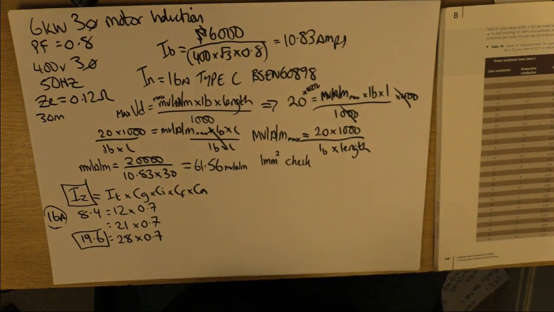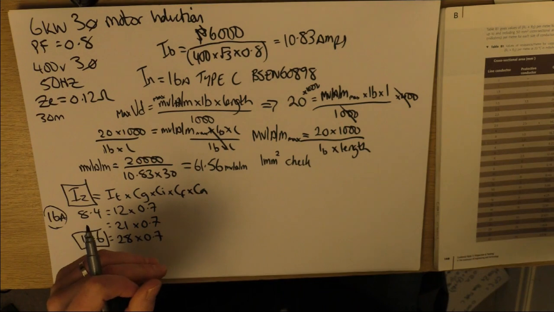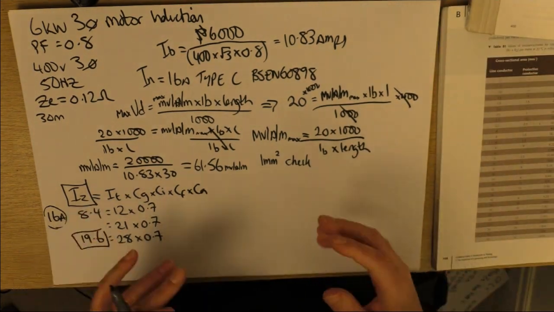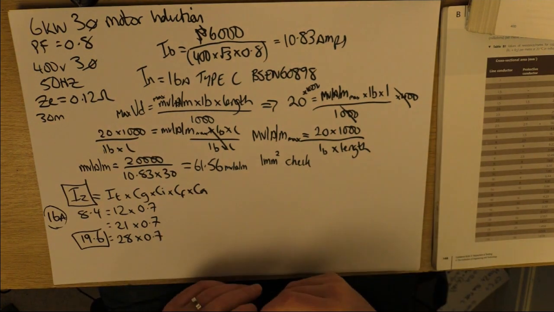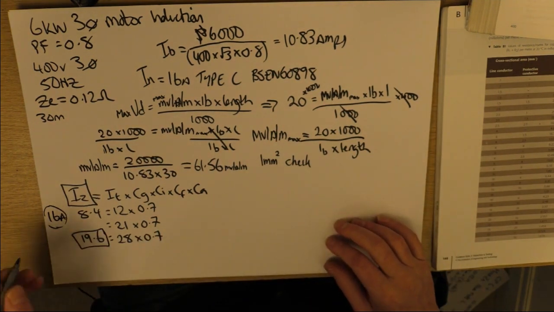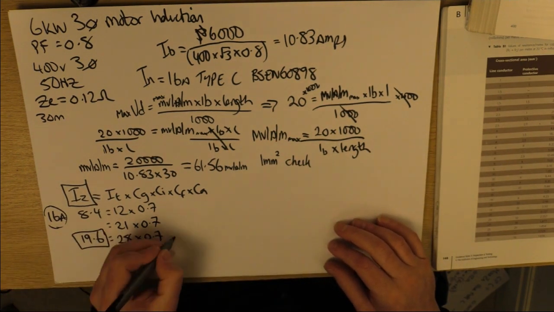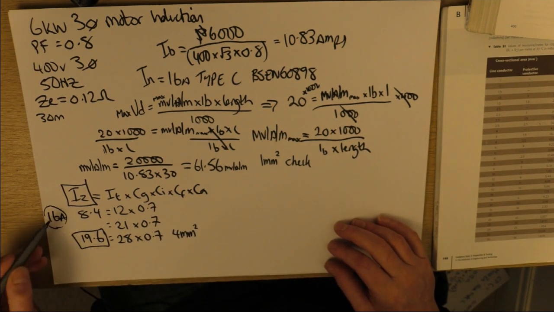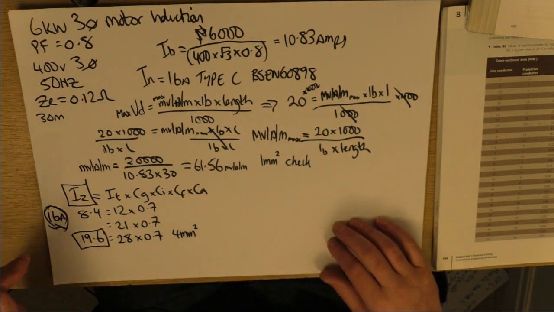Which method you use is kind of just up to your preference, and what you're trying to do. I suppose it's just getting you to understand how it all works really. So our IZ then with 4 mil comes to 19.6. That's more than that. Happy days.